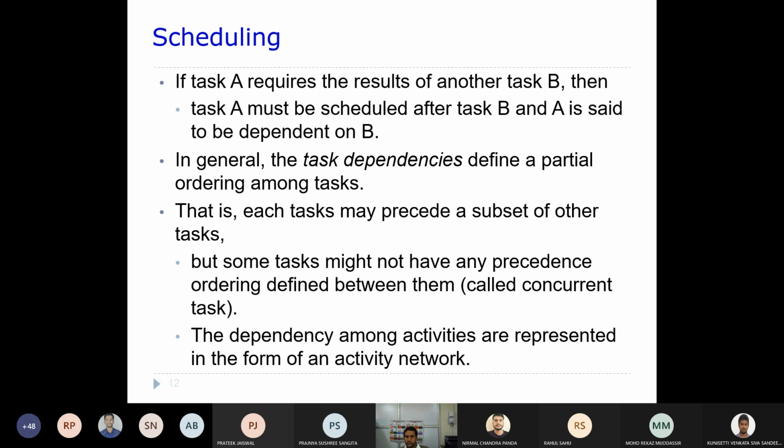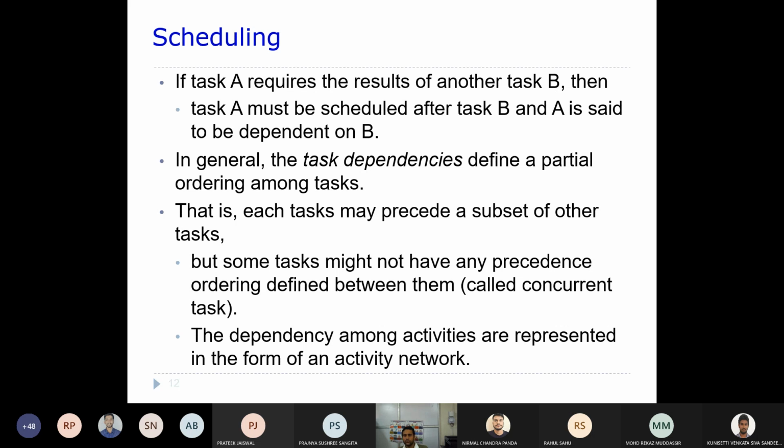If there are two tasks, you can think of it like this. If you want to start a task A, and that task requires the results of another task B, then A is dependent on B. That means first B should be carried out, and only then should task A start.